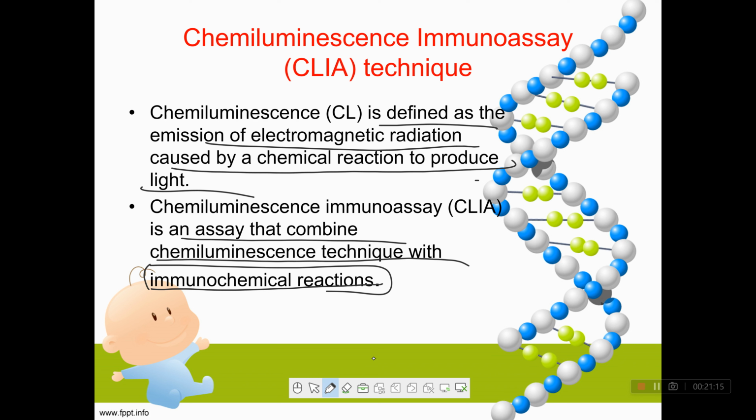In this chemiluminescence, chemicals are used. When that chemical reacts with the immunochemical reaction, combined with it, they produce a radiation, like horseradish peroxidase.